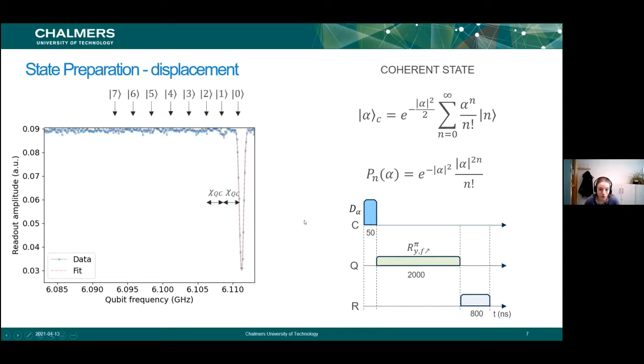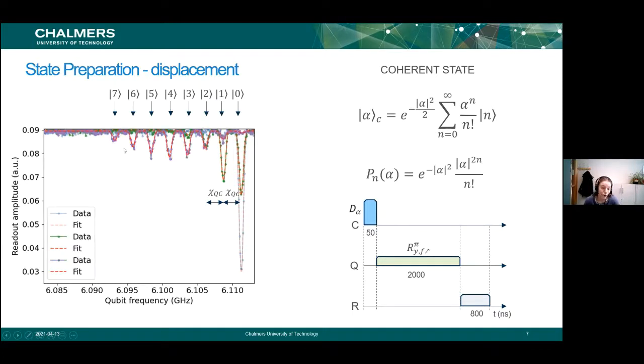And if you do, you notice that more peaks appear, and they're spaced exactly this chi QC, the dispersive shift. And then you drive a bit harder and more peaks appear, and they start moving to higher average photon numbers.